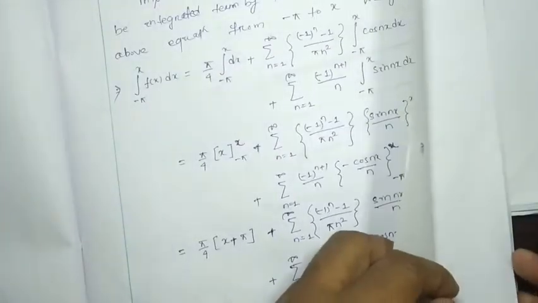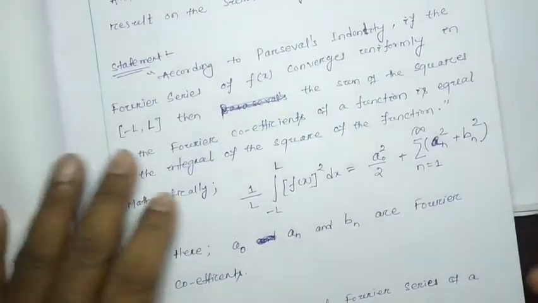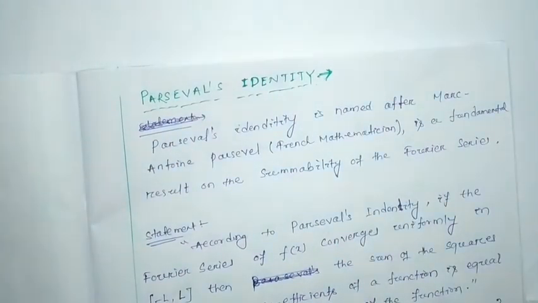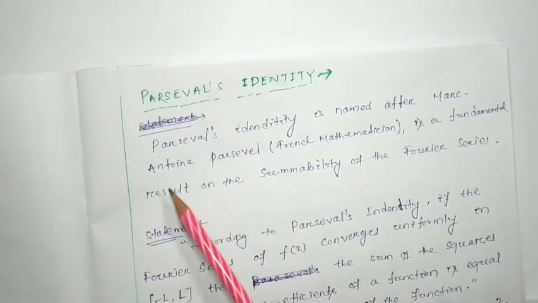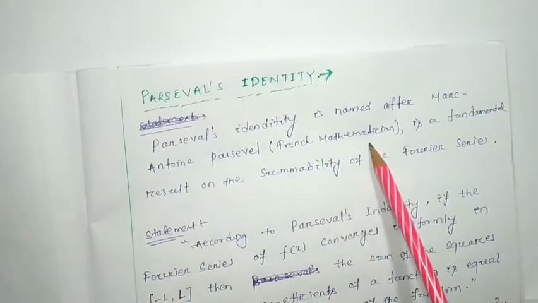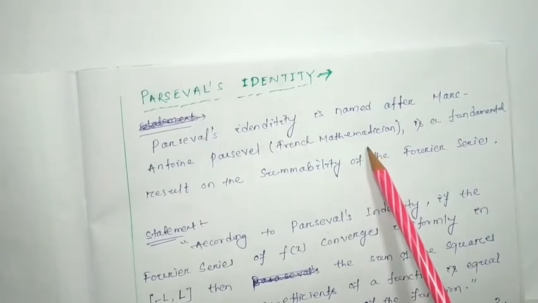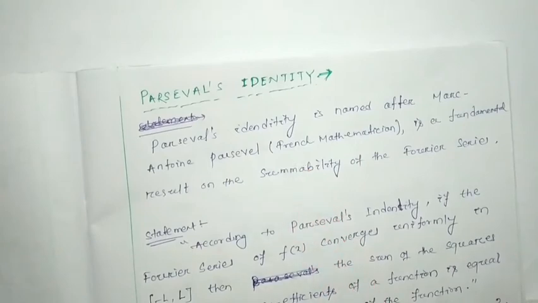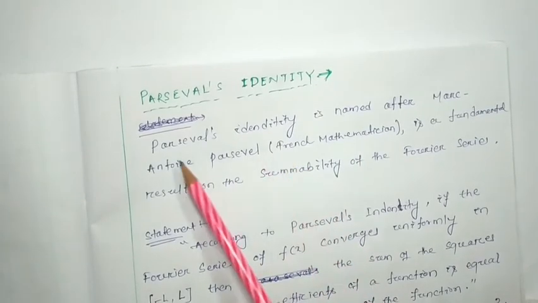Okay, so now we have to move to the new topic of the Fourier series, that is Parseval's identity. Parseval's identity is one type of statement that was discovered or derived by Antoine Parseval, a French mathematician, and by his name this identity or this equation is named Parseval's identity.